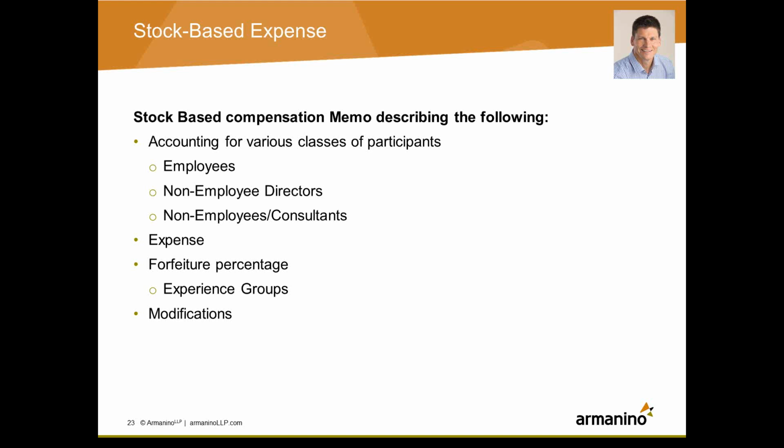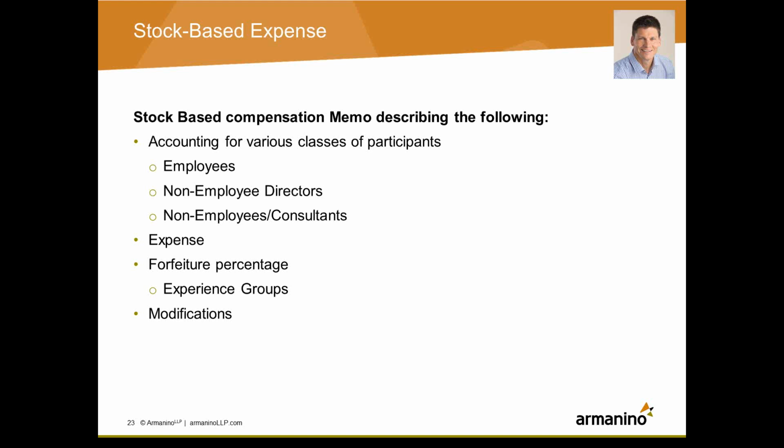For non-employee consultants, early in a company's development stage you're typically going to have a greater number of consultants that are granted options outside of a company plan, and therefore those need to be valued continuously as they are earned or as they vest, so you need to re-update the assumptions that you're using.